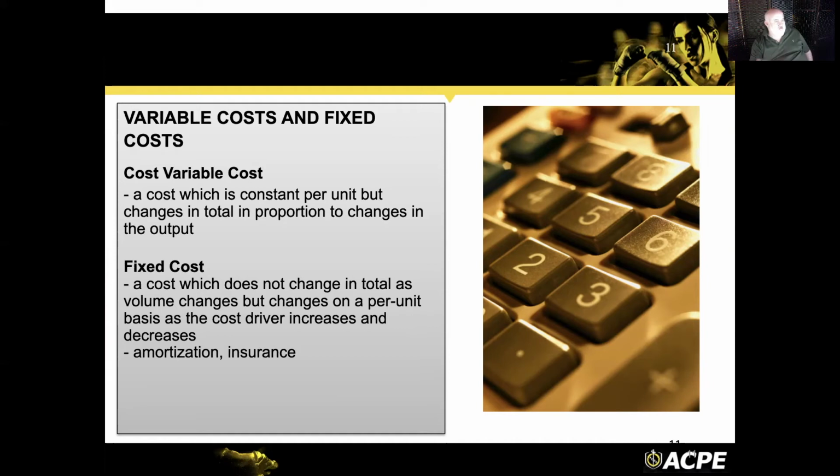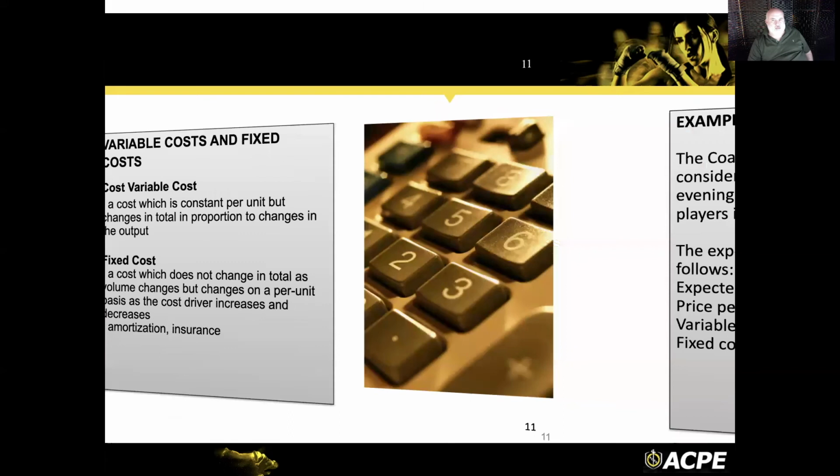If I make 10,000 loaves of bread, it's 10 cents per loaf of bread, okay? So fixed costs go down per unit as the number of units produced goes up, but fixed costs do stay fixed. Things like rent. You don't pay different rent because you produce a different number of units. So let's have a look at this example.